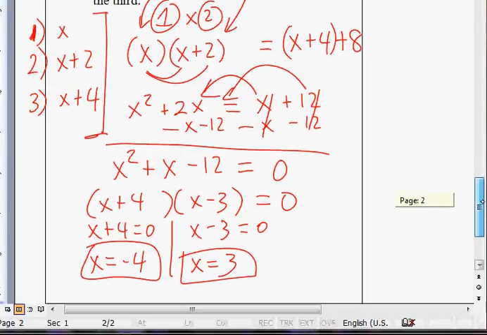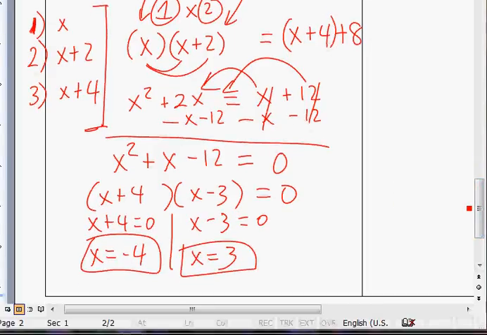Okay, well that's x. The question asks for the 3 consecutive odd integers. So if one's negative 4, well actually negative 4 is not an odd number, so we can't use this. Okay, so we cross that out because it's not an odd number. The only odd answer we have is 3, so I'm going to use 3.